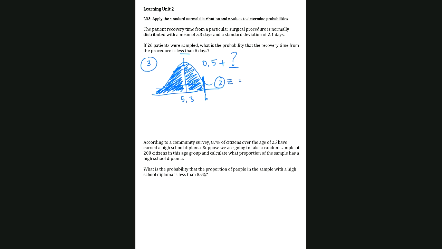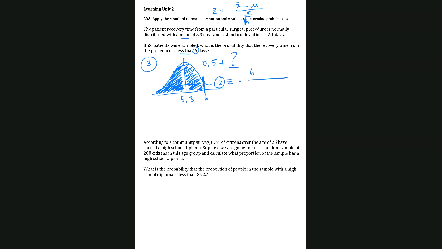So to calculate the Z value, the formula that we use when it comes to a mean, like in this case, is x bar minus mu over the standard deviation over the root of n. So in this case, x bar, if you recall, I had written out, was a value of 6.